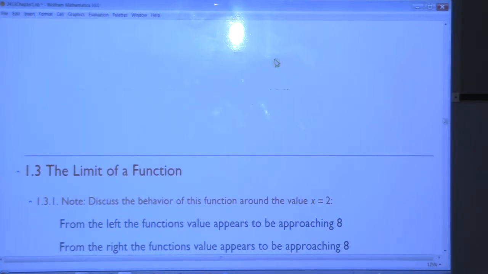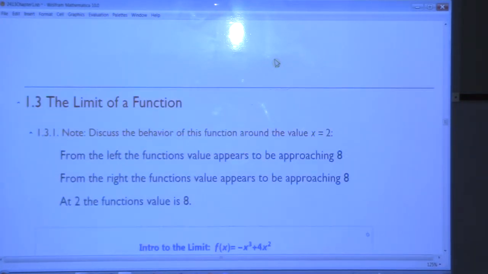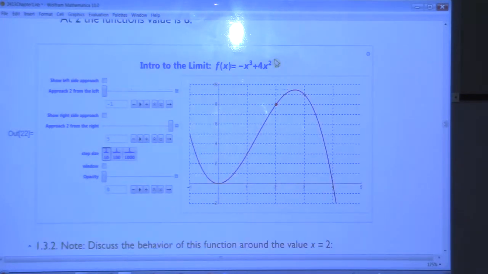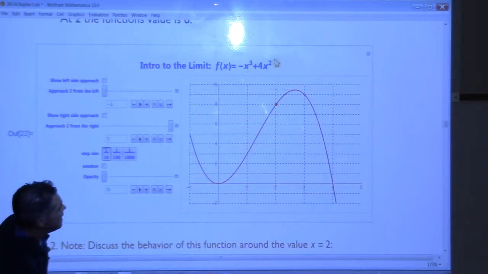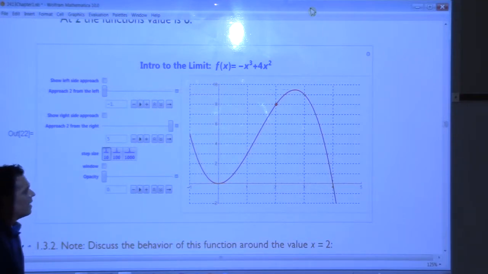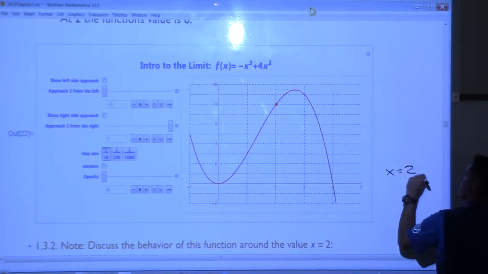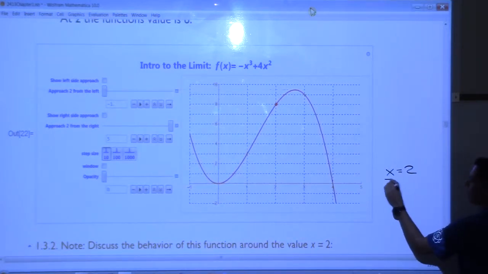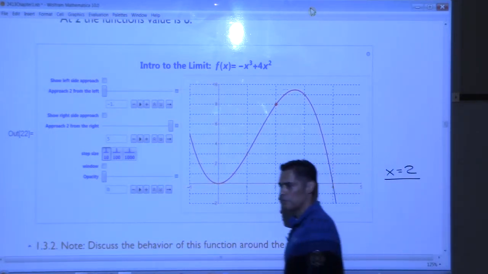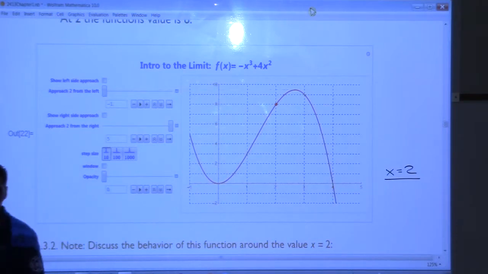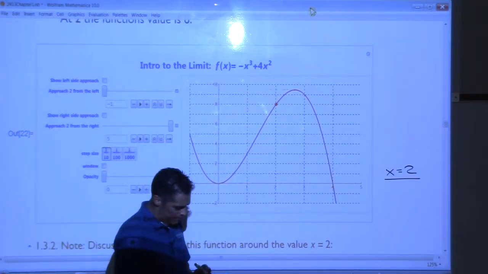All right, so right now I'm going to show you a graph, and I want you to look at the behavior of this function at the value x equals 2. I want you to focus your attention on what's happening at x equals 2. So can somebody tell me, how about David Garza?